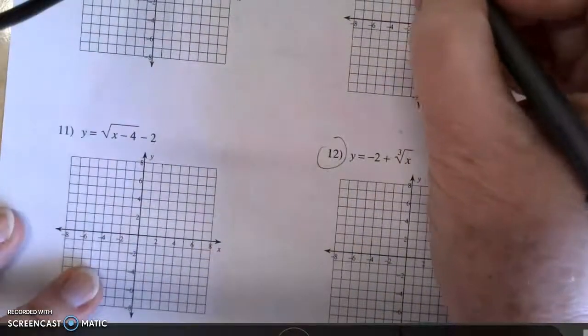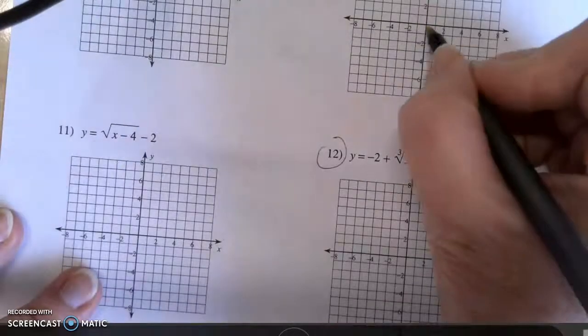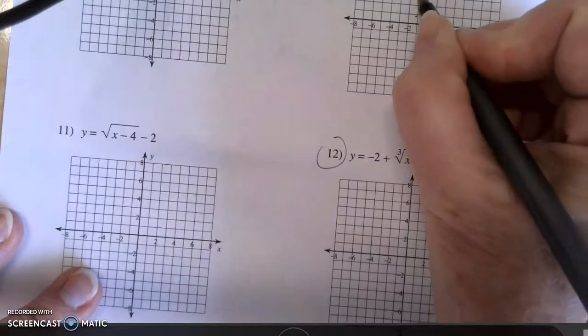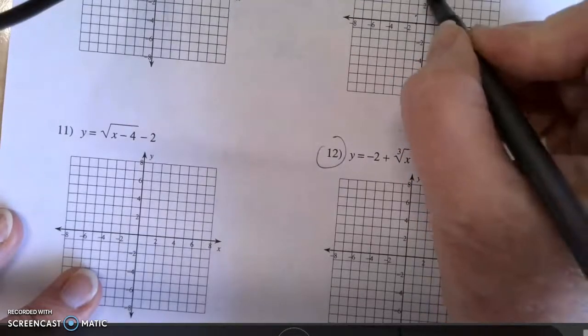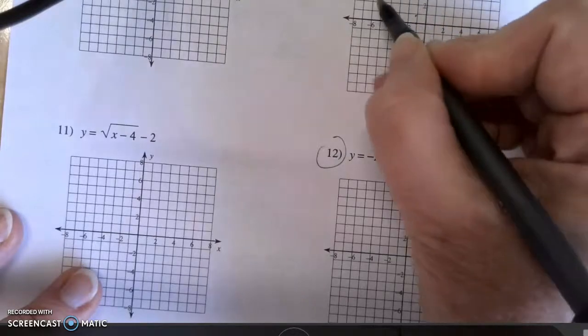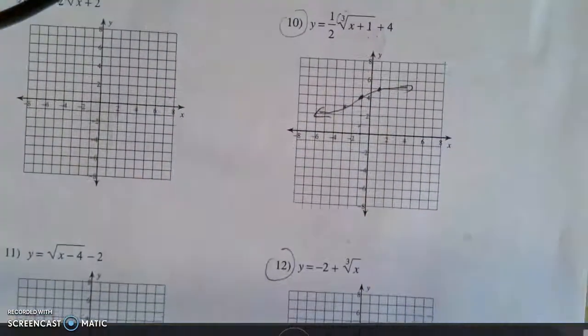Okay, so I've got a cubed root. It's going to go left 1, up 4, up 1 over 2, down 1, back 2. And that is, oh, I'm so sorry.